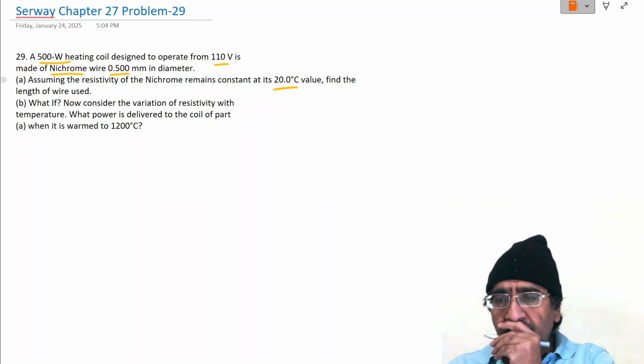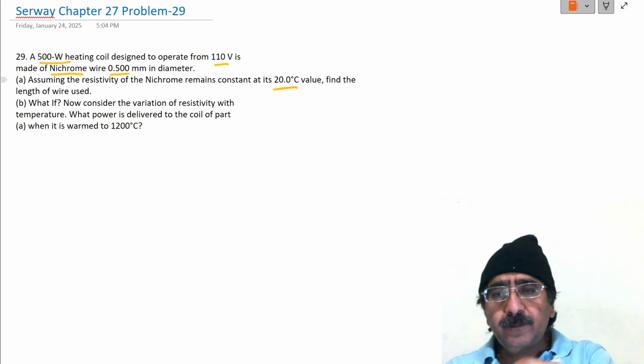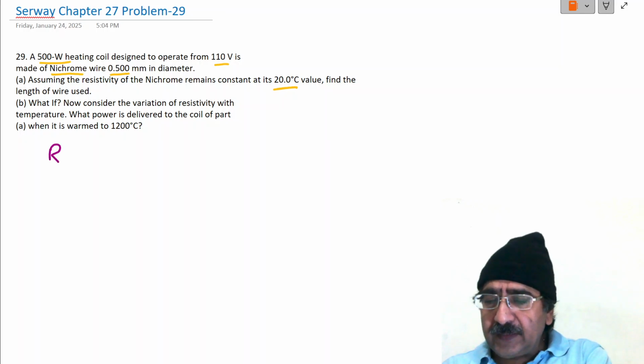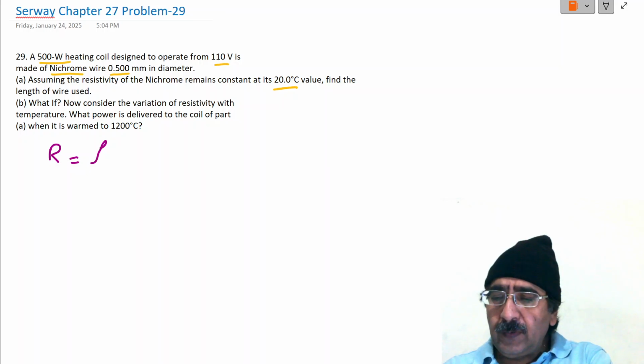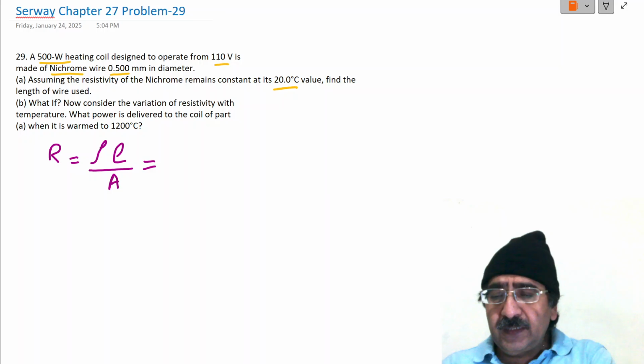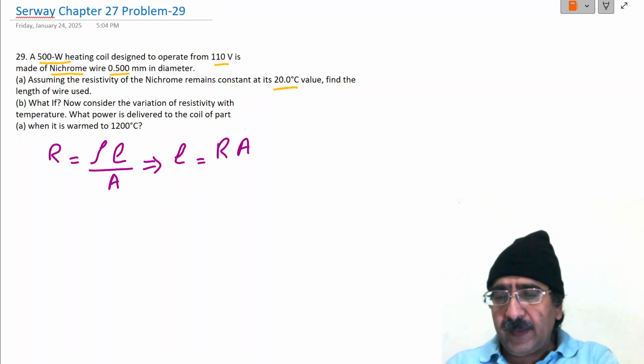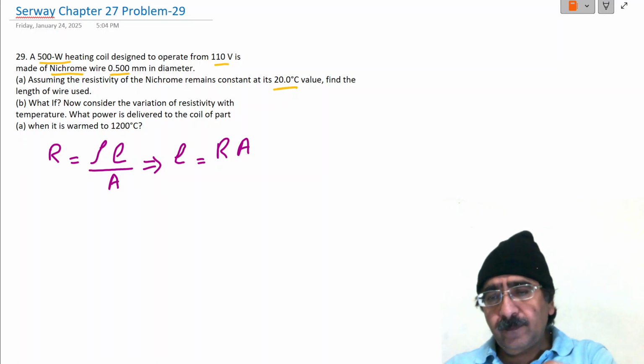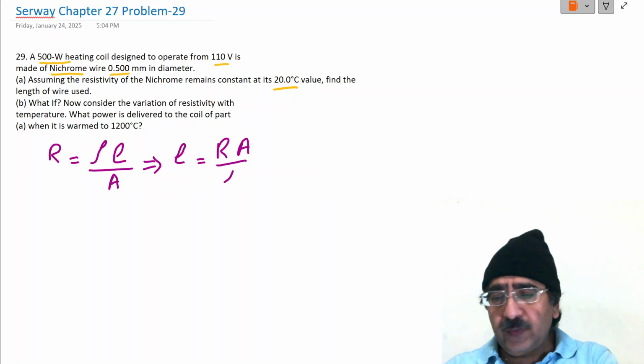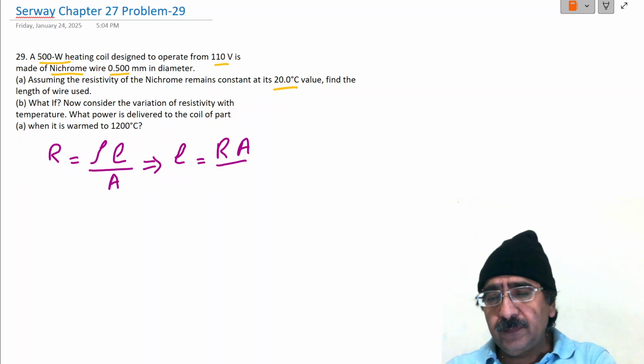And we know that to find the length, we must know the formula, that is resistance is equal to rho L over A. Because we have to find the length, this implies that length is equal to resistance times A over resistivity.